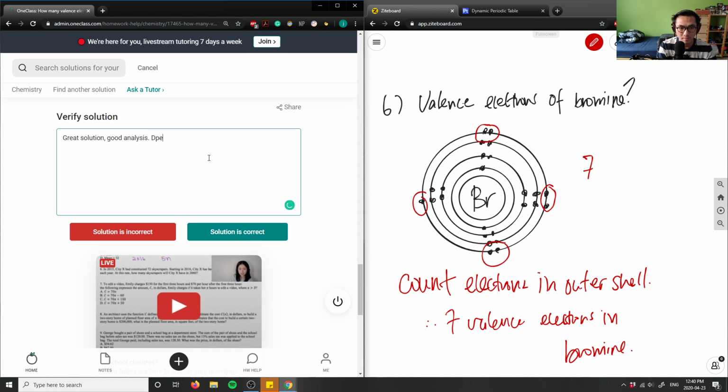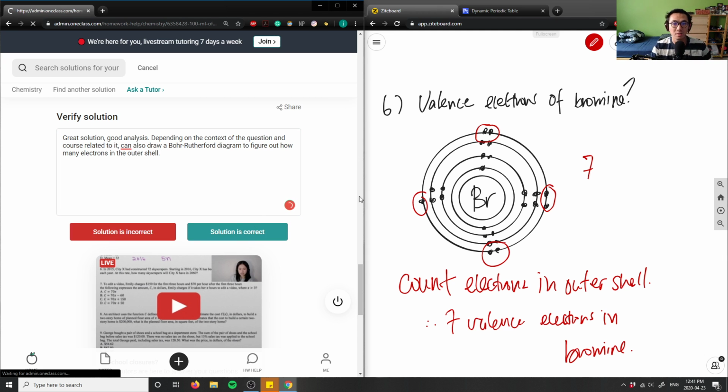Depending on the context of the question and the course related to it, you can also draw a Bohr-Rutherford diagram to figure out how many electrons are in the outer shell. So that was number 6.